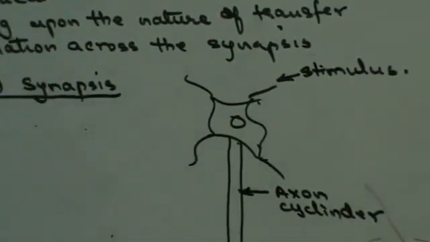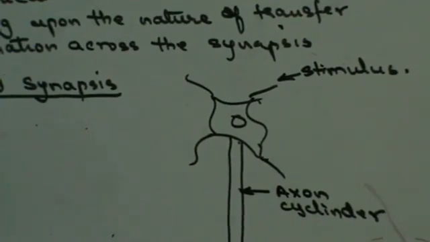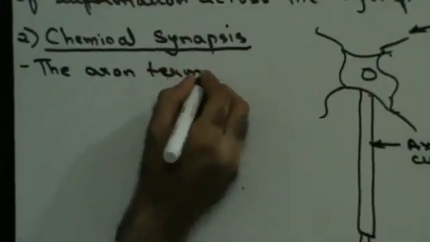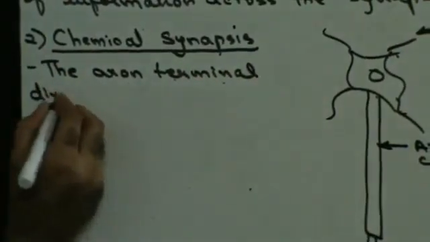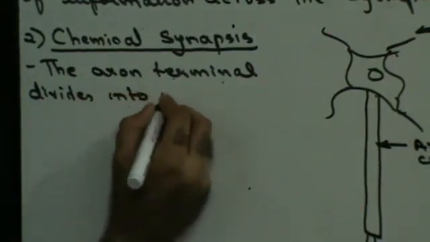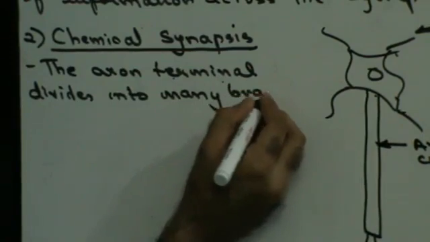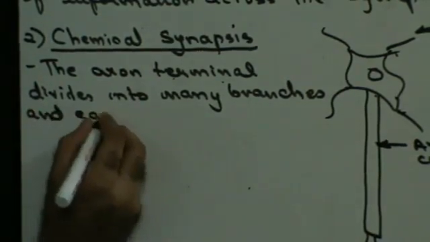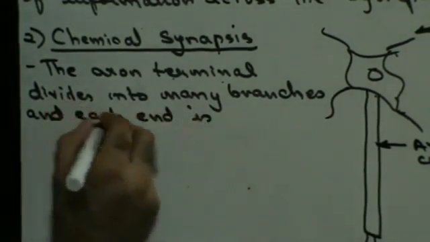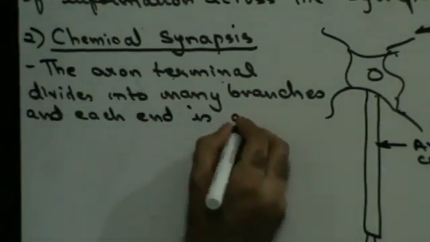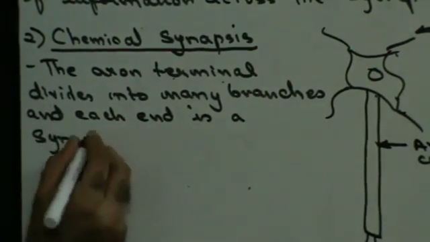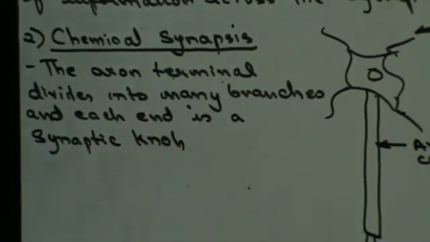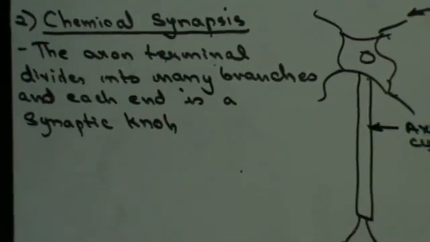Now, the axon terminal divides into many branches, and each end is a synaptic knob.